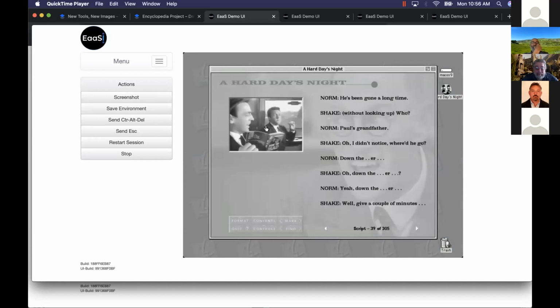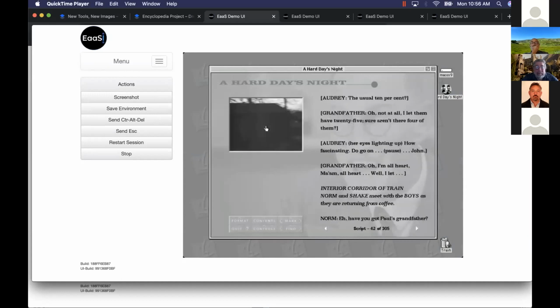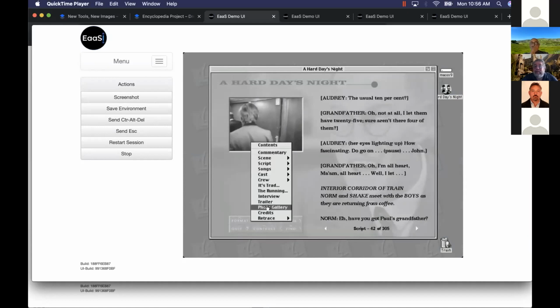And the page will turn with the movie. And you could actually search for songs, for cast, for scenes. Any way you want to sort of move around the film, you can do that.